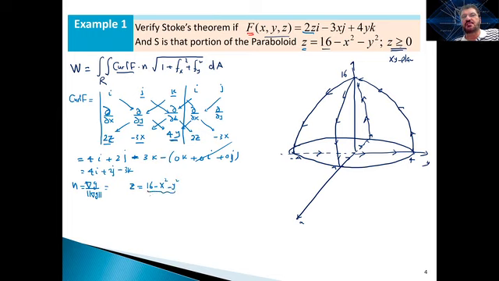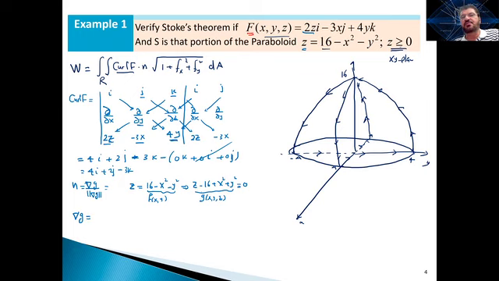By the way, this is f of x, y. I'm going to move everything to the left. So z minus 16 plus x squared plus y squared equals 0. Look at this. This is a function of x, y, and z. This is our g.